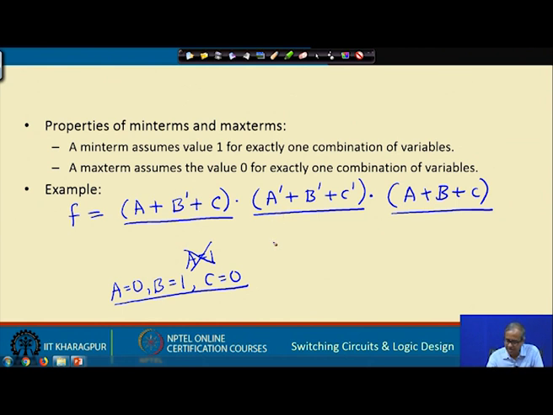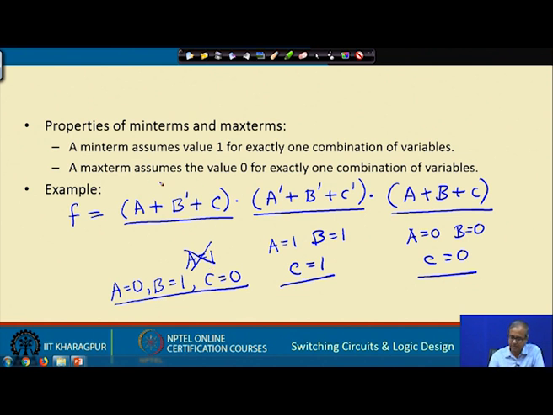Or for the second one, let us say a is 1, b is 1 and also c is 1, and for the third one a is 0 or b is 0 and c is 0.